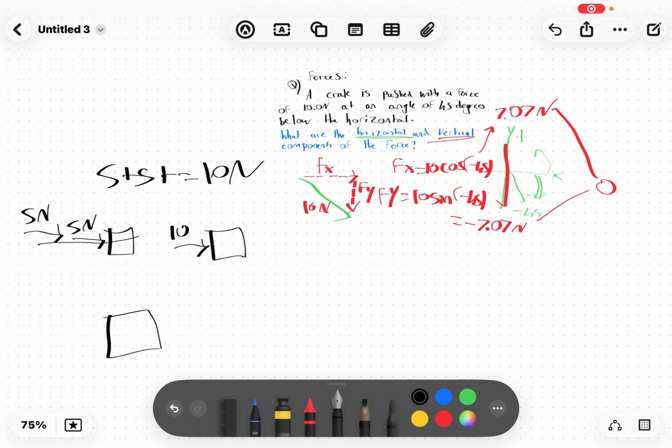Now another example is, let's say you have 5 newtons pushing to the right and 5 newtons pushing to the left. Because they're now fighting, this is a whole scrap going on here. They're like, no, it's going there. No, it's going there. So you can think of this one as positive and this one as negative.